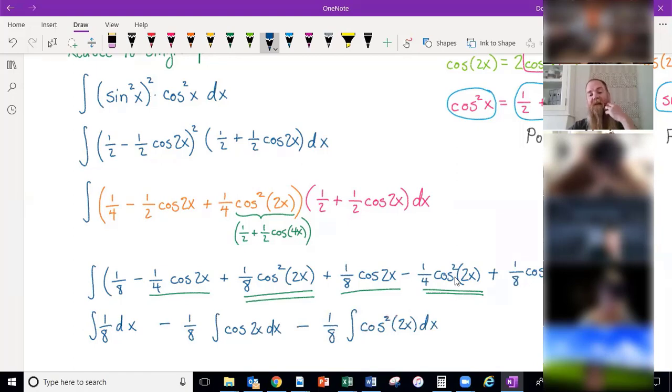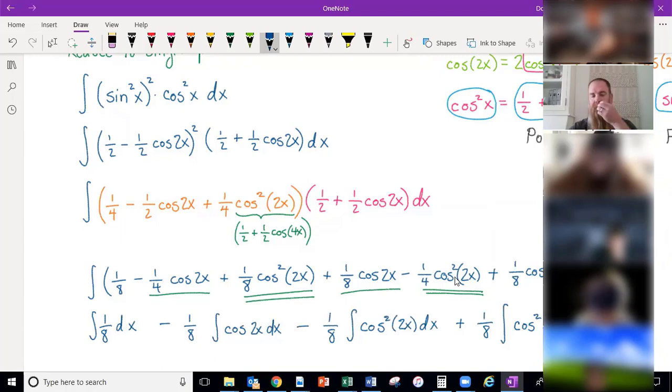And lastly, we just have this last integral of cosine cubed. And because it's an odd power, again, I just keep factoring out those coefficients, making this nice and easy. And now you might remember what I'm going to do here is I'm going to rewrite this as cosine squared x times cosine x dx. I just separate off a single power.